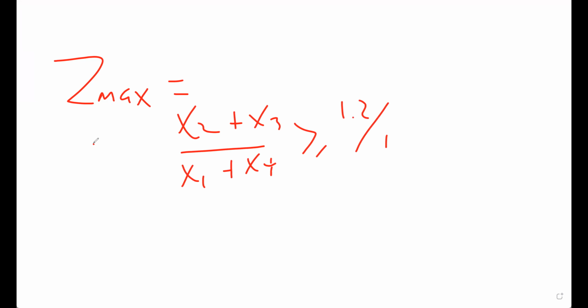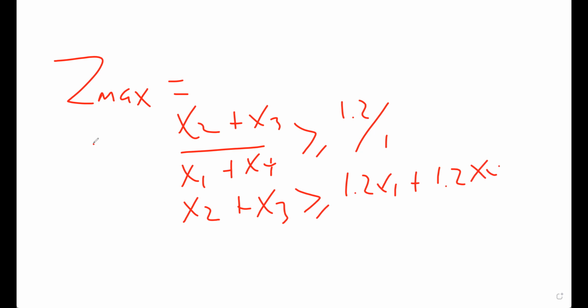So when you cross multiply, ideally it will be x2 plus x3 greater or equal to, now let's expand, 1.2 x1 plus 1.2 x4.